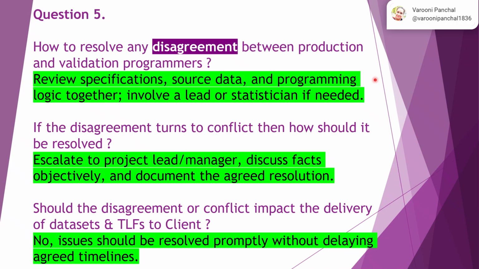Now if the disagreement turns to conflict, then how should it be resolved? Like I said, the disagreement turns to conflict because of ego clashes, like whatever you say, I'm not going to do it, what I'm saying is completely right. In those scenarios the opposite person is a bit stubborn, so it becomes very difficult to work with such a person because the conflict has arisen due to ego clash.